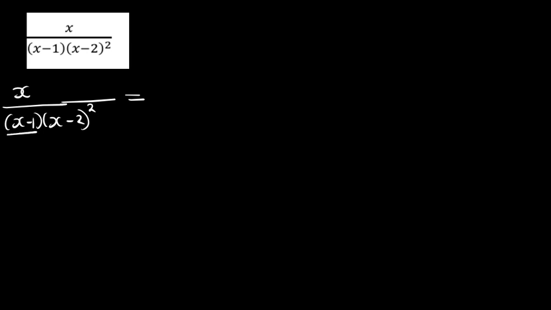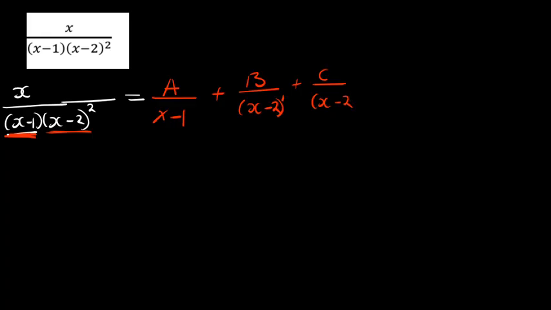If you look at the denominator on the first one, it is just a linear function. Since it's a linear function, I will just say a over x minus 1 plus b. Now on the second one, it's a repeated factor, meaning that it will be b over (x minus 2) to the power 1 plus c over (x minus 2) to the power 2.